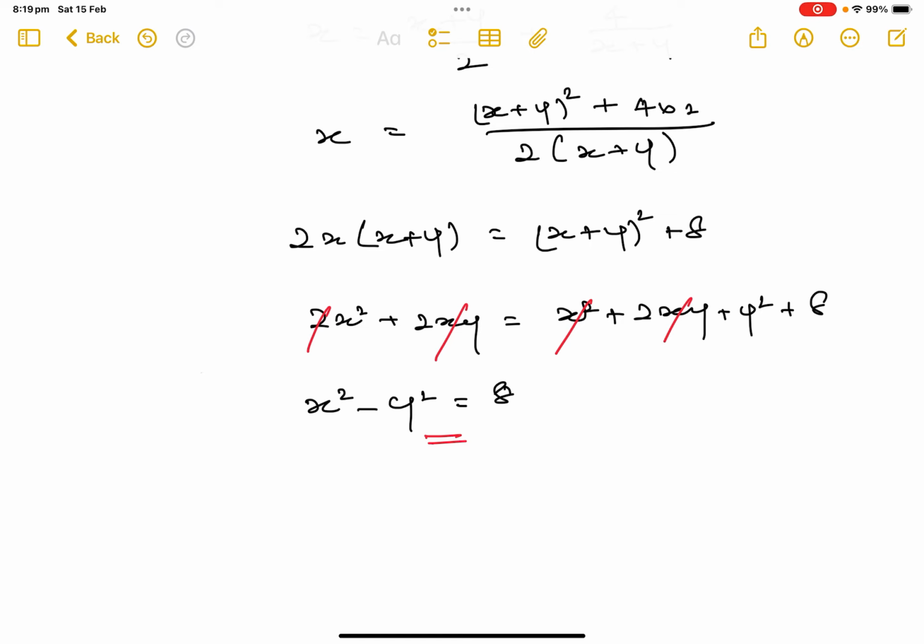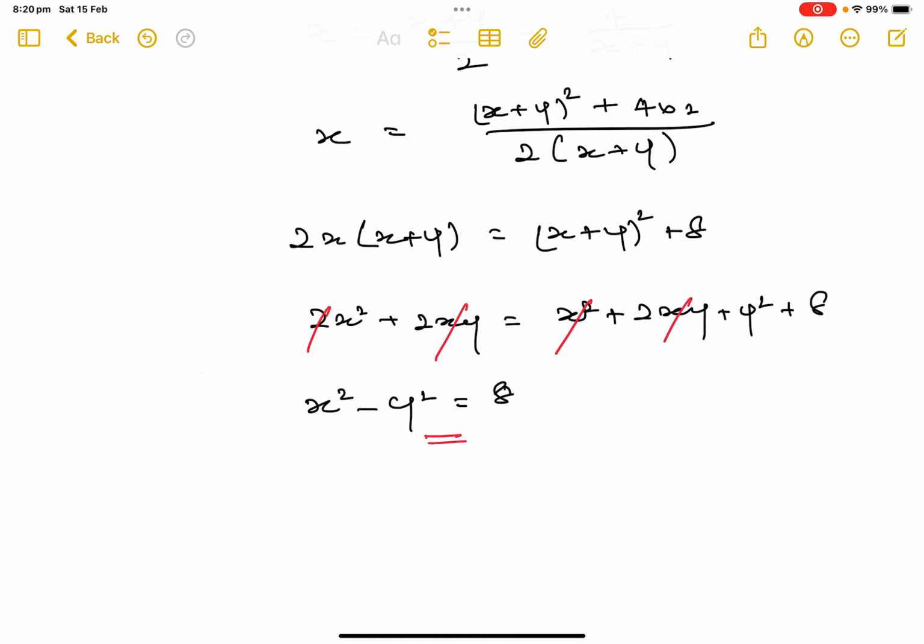Then x squared is 2x squared. If you bring the x squared to the left hand side, it will be just x squared. If you bring the 2xy to the left hand side, 2xy minus 2xy cancels out. And y squared, if you bring that to the left hand side, will be minus y squared, and keep the 8 there. So that is the Cartesian form: x squared minus y squared equals 8.